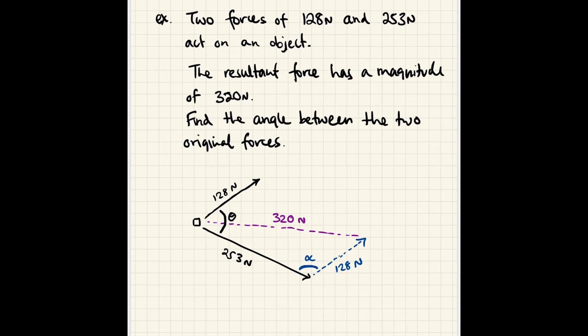And if you recall in the last section on the law of cosines, when you were given three sides of a triangle, as we are here, but no angles, you do need the law of cosines to find that missing angle.